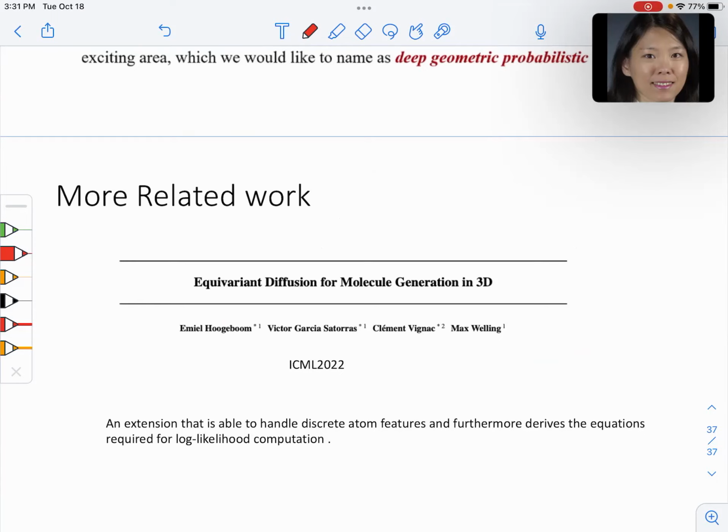So I also found a more related work recently, which is published in this year's ICML from Max Welling's group. It is called Equivariant Diffusion for Molecule Generation in 3D. I looked at the paper after I read the GeoDiff paper. I found that basically they made more improvements on the molecular generation method, in that they have the ability to handle discrete atom features, and they furthermore derive the equations required for log likelihood computation to further save training time.